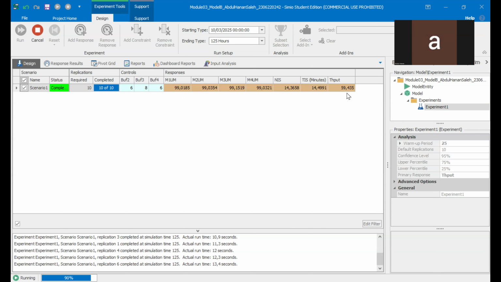We can see the throughput is 59.435. The machine utilization of 1, 2, 3, 4, they're very high, and the number in system is 14.3, while the time in system is 14.4.